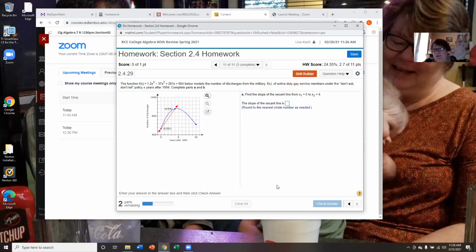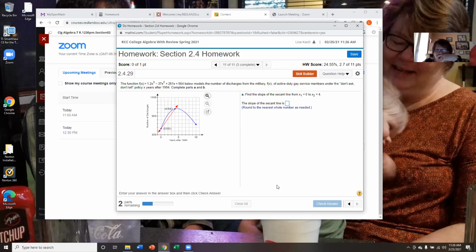That policy was implemented during the Clinton administration, so before you guys were born. He started the Don't Ask, Don't Tell policy, and this is the number of discharges after that policy was instituted. It's modeled using this thing that looks pretty quadratic, like a parabola to me.